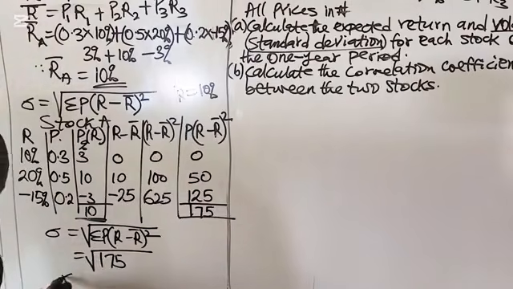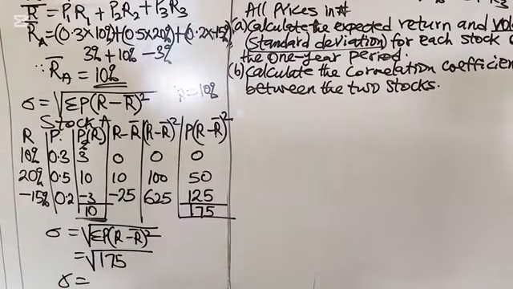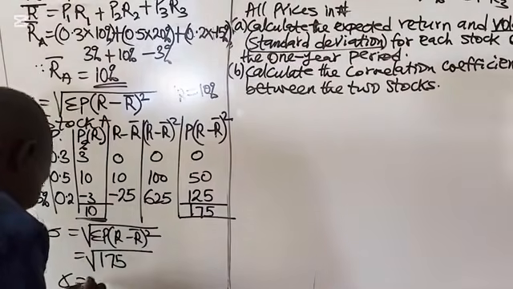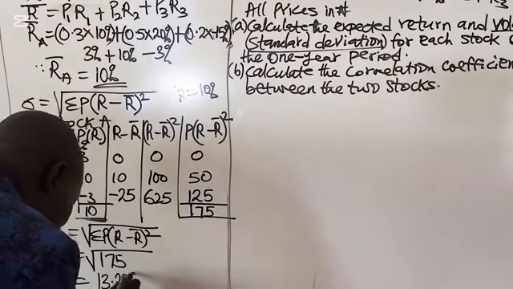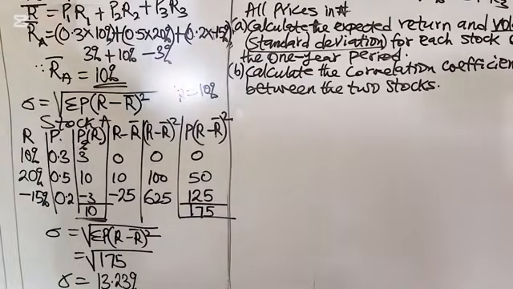Therefore, the standard deviation will be equal to, what is the square root of 175? 13.23. So we have the standard deviation to be 13.23%. So that is the standard deviation of stock A.